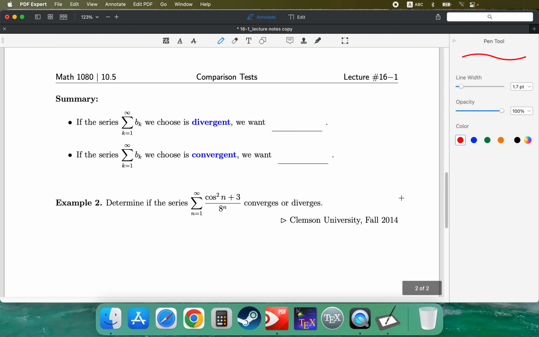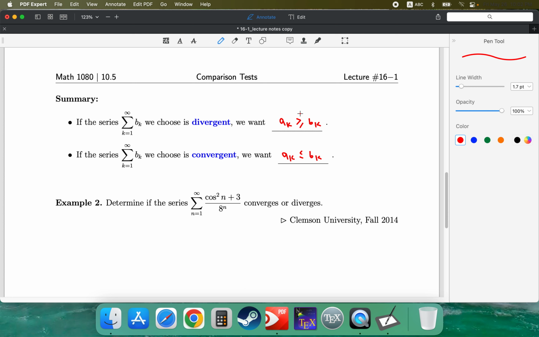If the series we choose is divergent, if the guy we choose is Bruce Wayne, then we want to make more than Bruce Wayne, right? So we want a_k to be greater than or equal to b_k. We want our monthly payment to be greater than or equal to Bruce Wayne's monthly payment. Now, if the series we pick is convergent, this guy is Peter Parker. That means I want to earn less than Peter Parker.